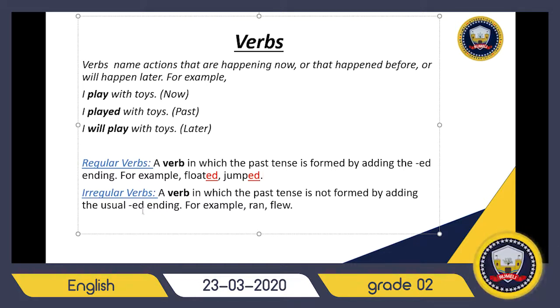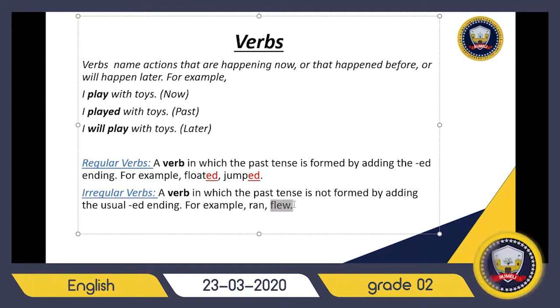Irregular verbs. A verb in which the past tense is not formed by adding the usual ed ending. For example, ran, flew. So the verb for ran is run. But when you change it into past, you don't say runed. You don't put ed. You change the spelling completely. You say ran.